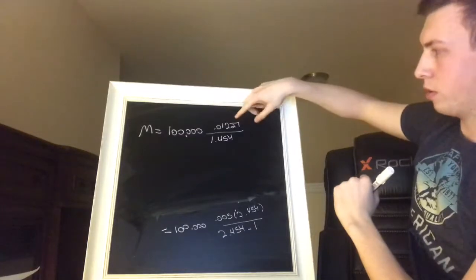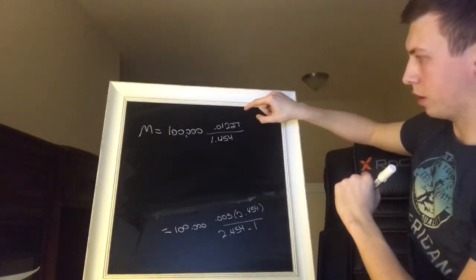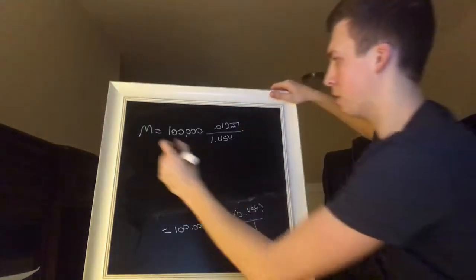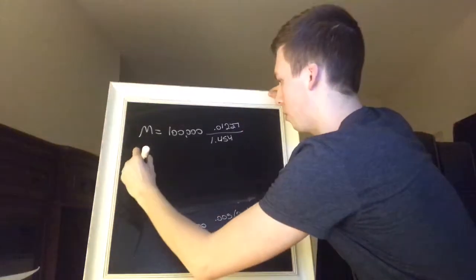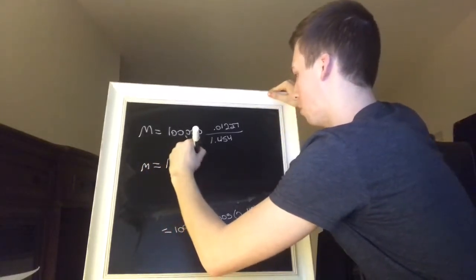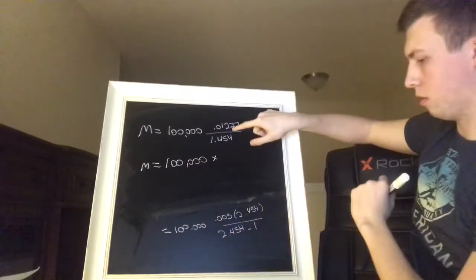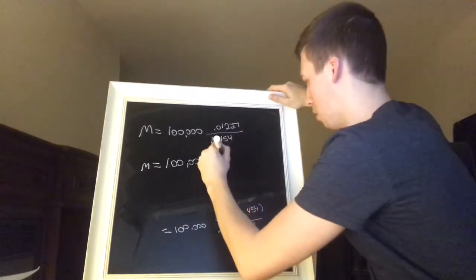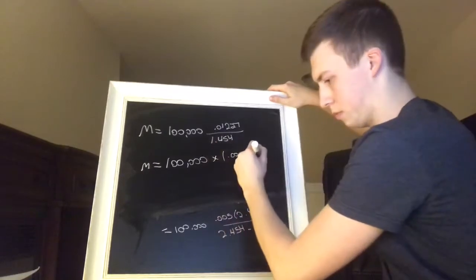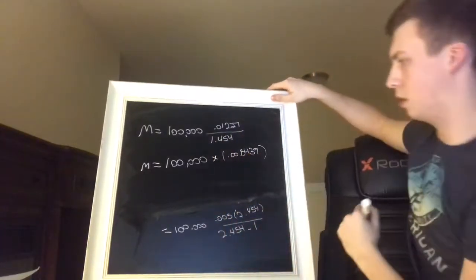So now that we have these two, we leave the 100,000, and then we just divide the numerator by the denominator, and we get the monthly mortgage payment equals 100,000 times the result of these two, 0.008439.